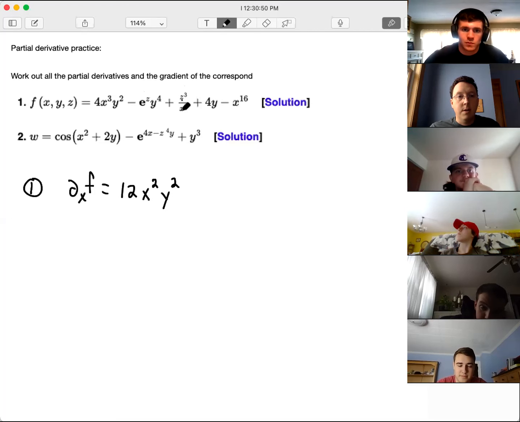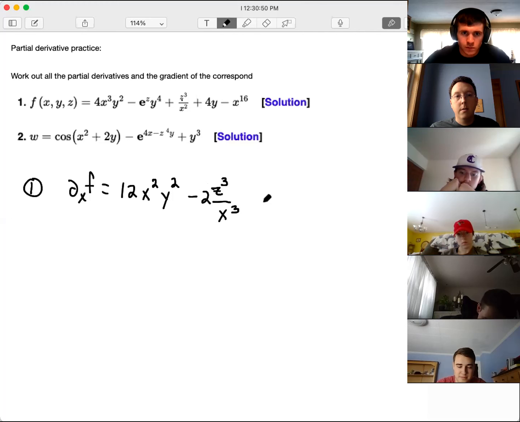Z is a constant, but I still have x there, so I get minus 2 z cubed x cubed. Y I take as a constant, and then I get x there, so I get minus 16 x to the 15th. Does that match what you guys had?